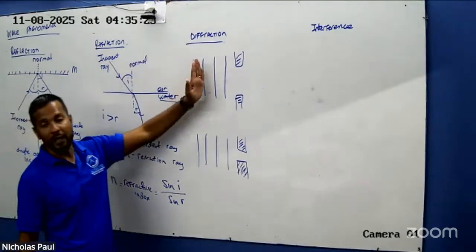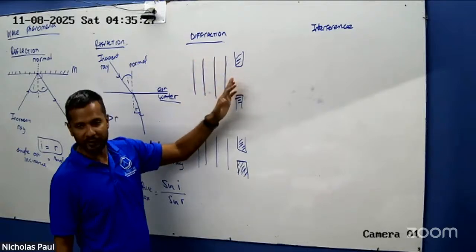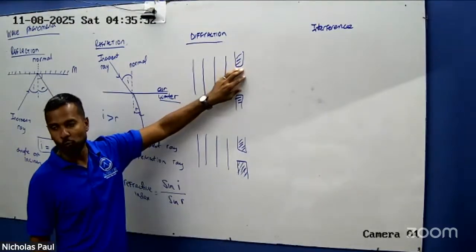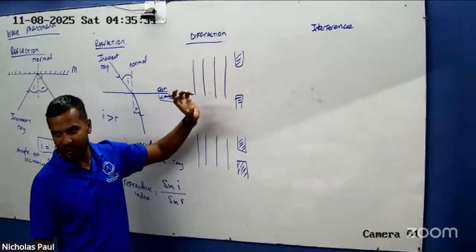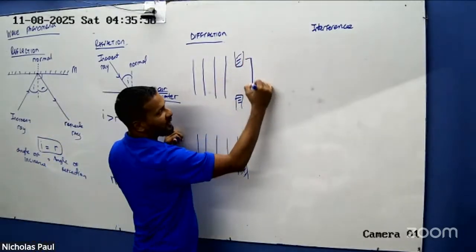Here we have a wave, and the wave is about to pass through an opening. So these are little walls, right? And there's an opening. What do you think will happen to the ends of the wave? Can it pass through easily? No. So what happens is the waves kind of spread out a little bit.